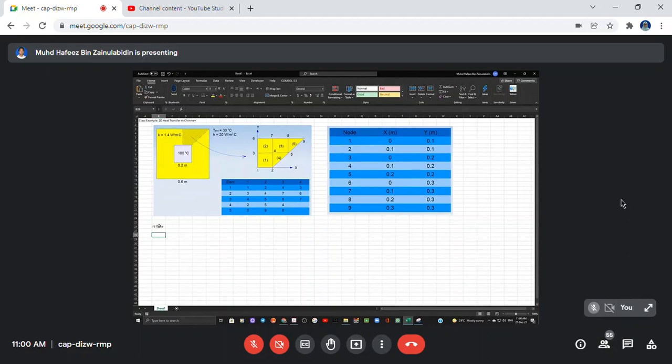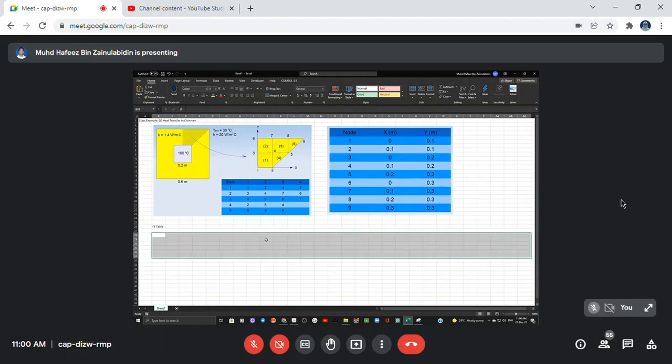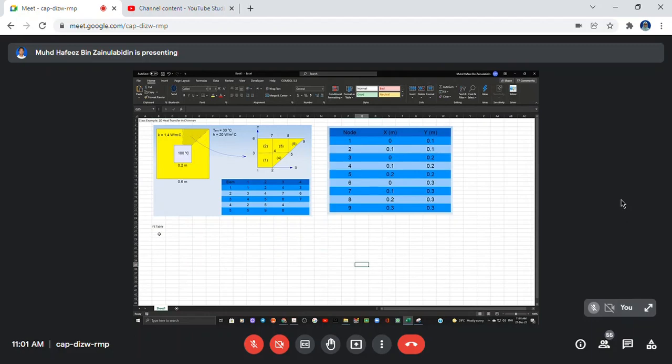What you can do, you can do two tables or you can combine in one table. It is up to you. You can do in one table, but it's going to be quite a long table. Maybe you can do the first half rectangular table, and then the second half triangular table. Okay, you can do that.